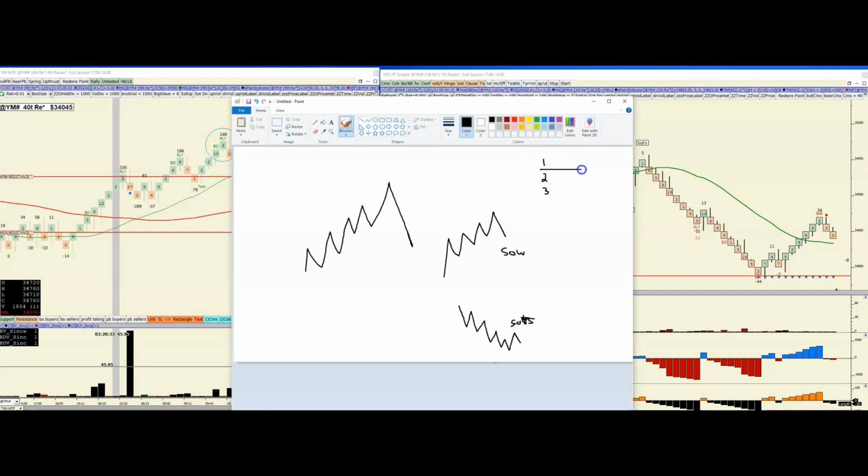One is it's a spring. Take out this low, basically a stop run or liquidity grab to go higher. Right? So we'll just put up thrust or spring. It's not a sign of weakness.